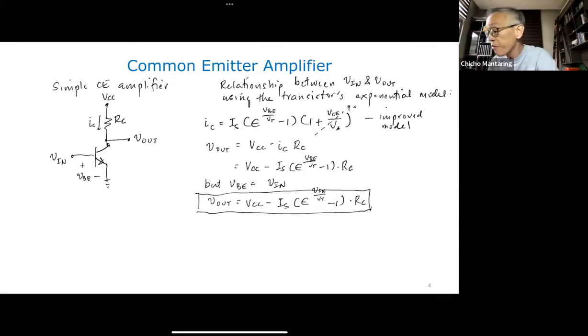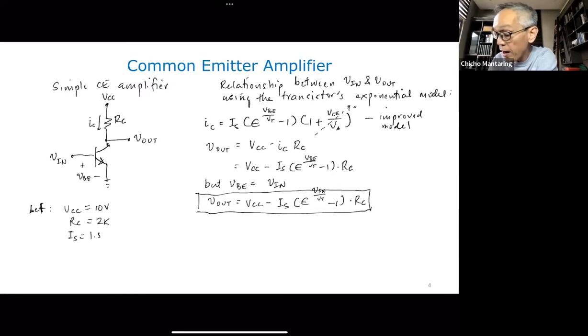Okay, let's put some values here. Let's say VCC equal to 10 volts. Let's say RC equal to 2K.